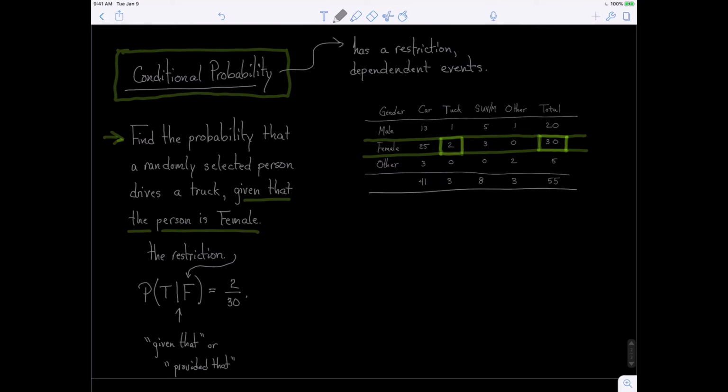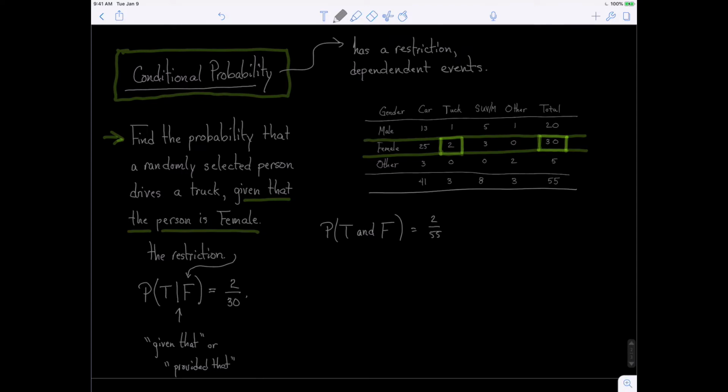But the next little bit is, how would you come up with this if you didn't have a table? What is the proper notation and how does it work? Let's take a look. This 2 is the probability that someone drives a truck and is female, and that's the 2 out of 55.